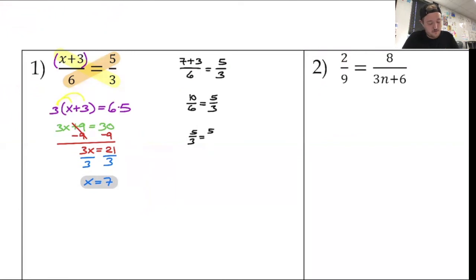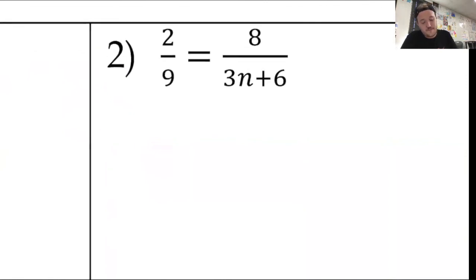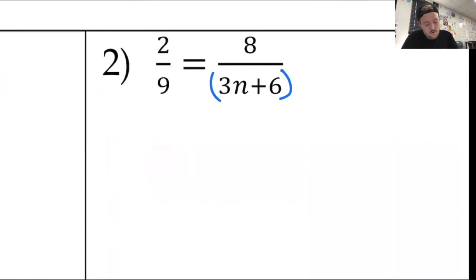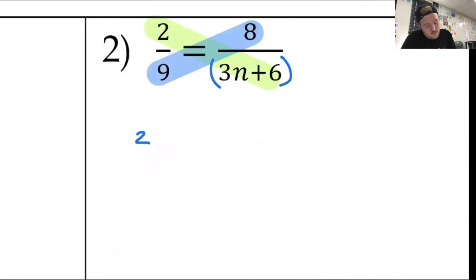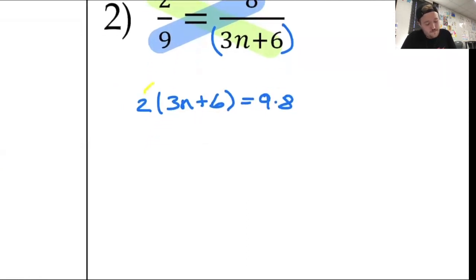Okay, number 2. First thing, parentheses, because we have more than one term. Now I'm going to do my cross product. So 2 parentheses, 3n plus 6 equals 9 times 8. Distribute.